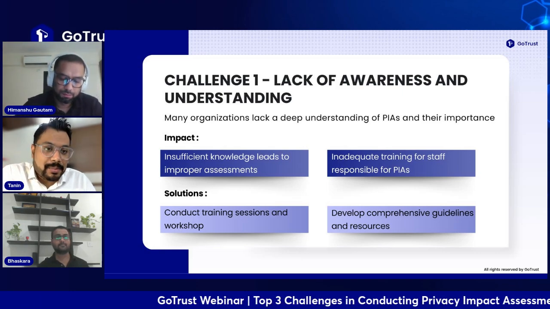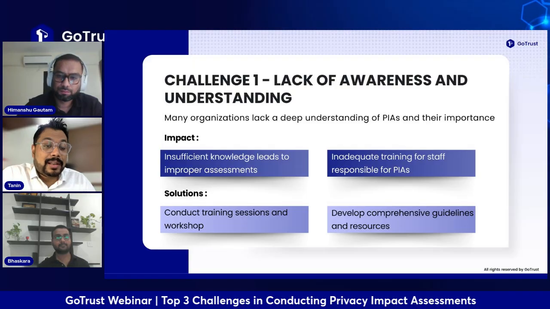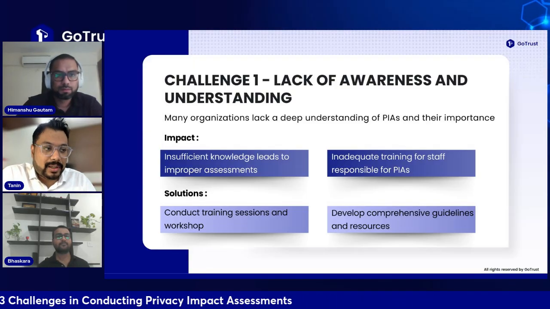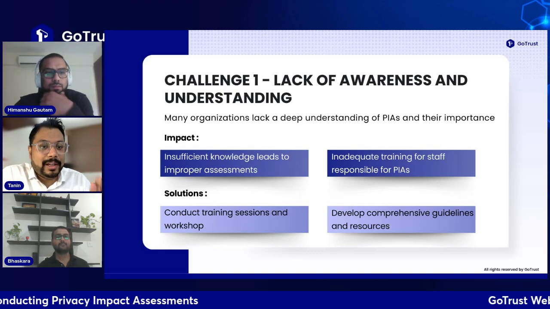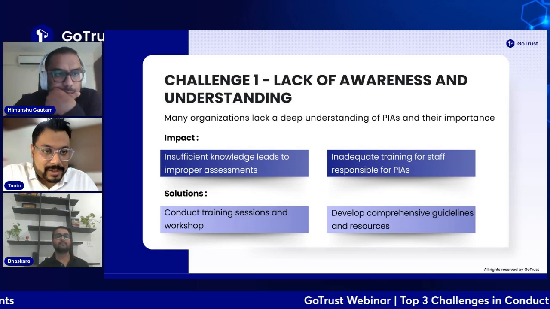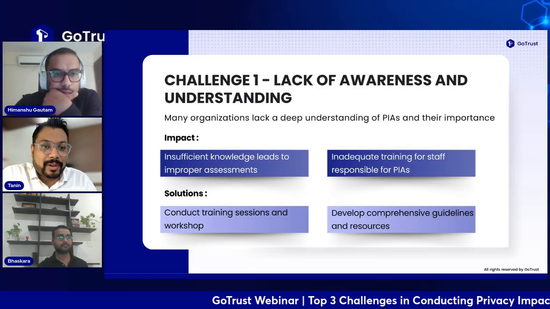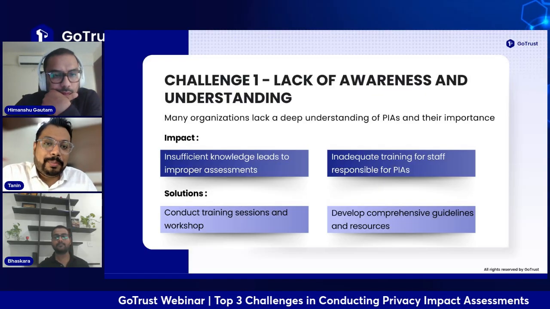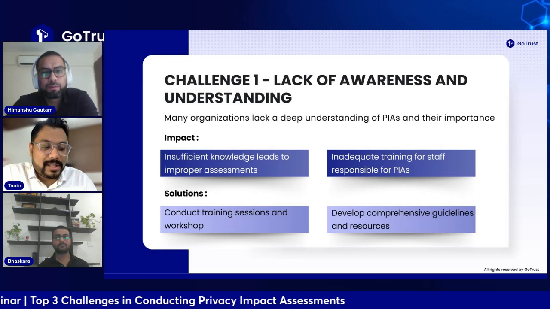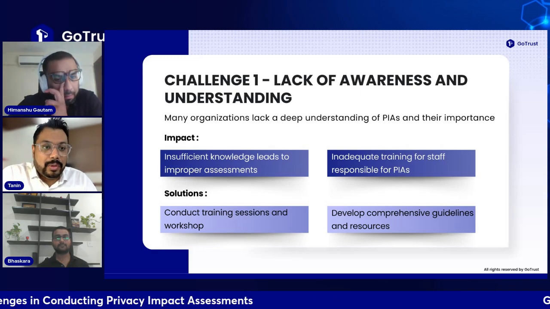Understand the risk, and not just the risk. There's also the cost effectiveness of doing the DPIA. I'll tell you how. If you're keeping the data forever in your system, you are storing a lot of data, which eventually you are paying for. If you are deleting the data after processing and you're not going to use it, you are making your database empty.